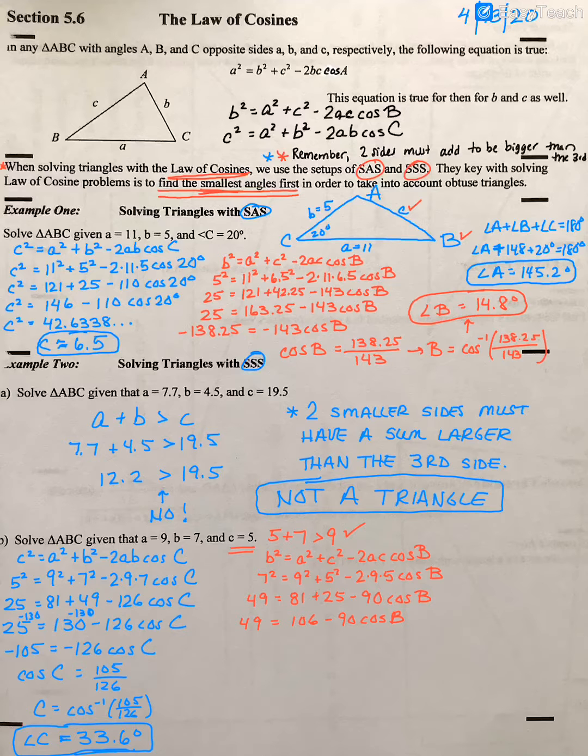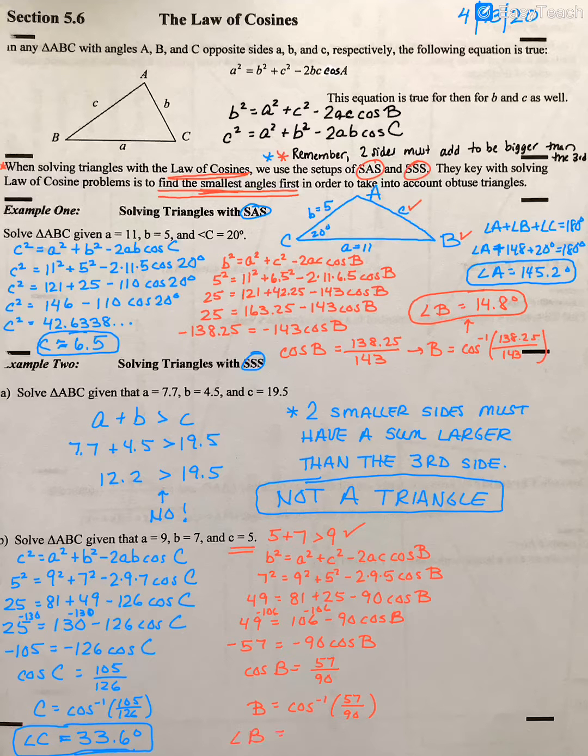So I'm going to subtract the 106 over to the other side. 49 minus 106 is negative 57 equals negative 90 cosine B. To get cosine B by itself, divide by the negative 90. So now I have cosine B is 57 divided by 90. To separate the cosine and the B, we use the inverse function. So B is cosine inverse of 57 over 90.